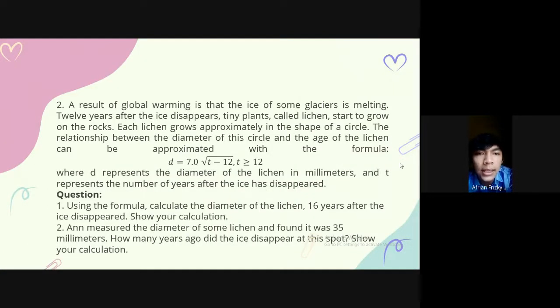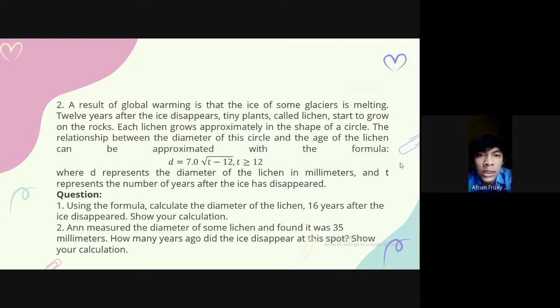Okay, next. A result of global warming is that the ice of some glaciers is melting. 12 years after the ice disappears, tiny plants called lichen start to grow on the rocks. Each lichen grows approximately in the shape of a circle.